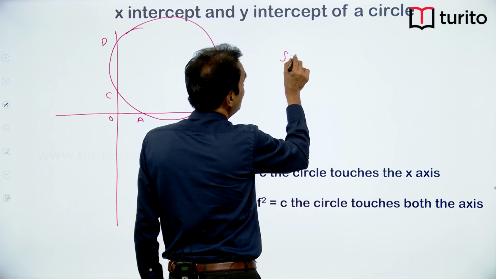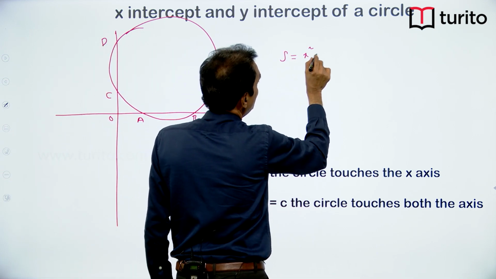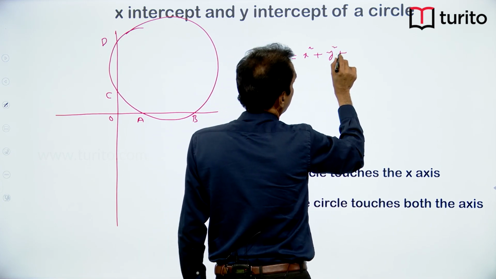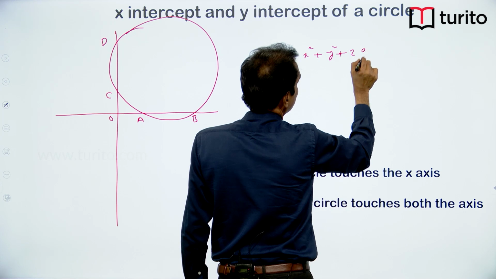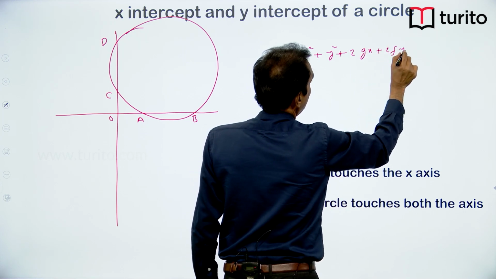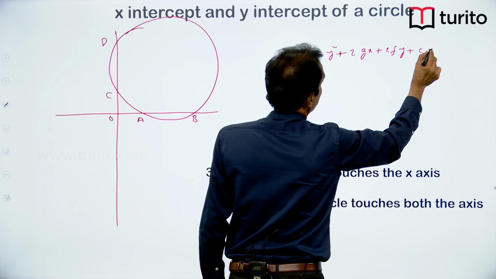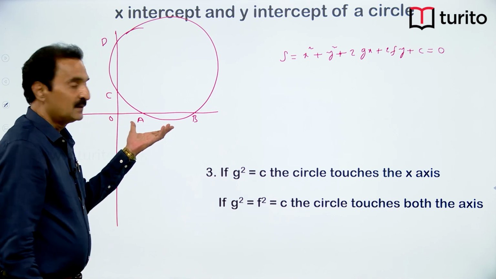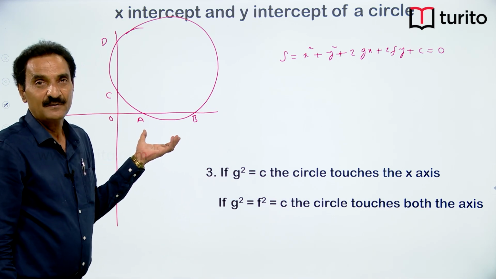Let the circle be S = x square plus y square plus 2gx plus 2fy plus c is equal to 0. For getting the points A and B, what will you do?